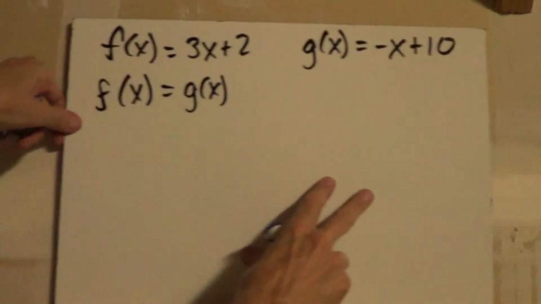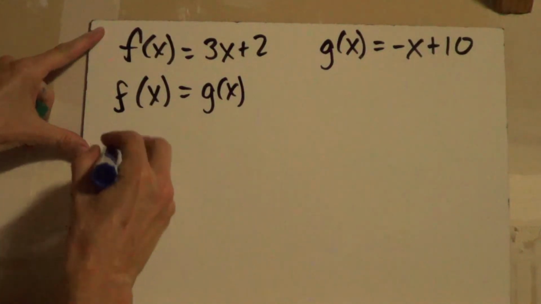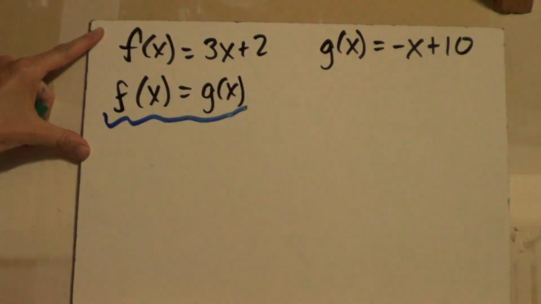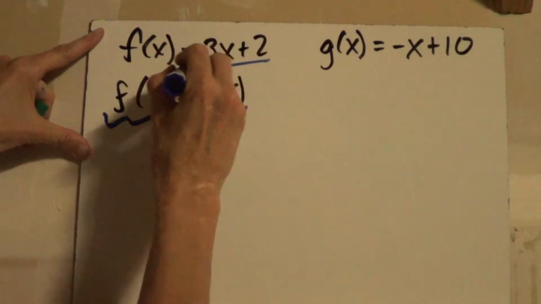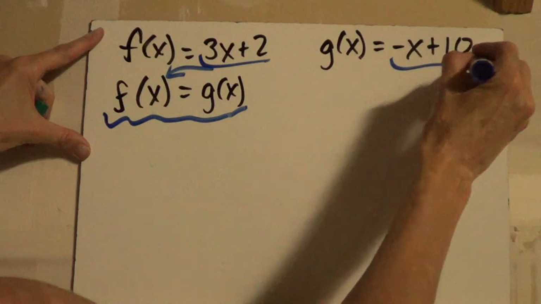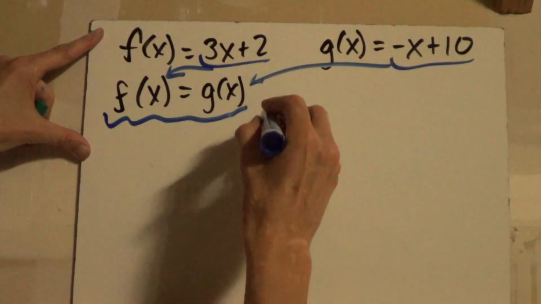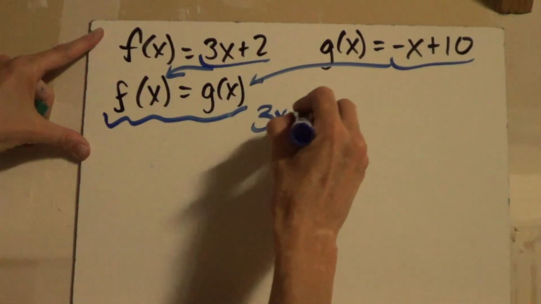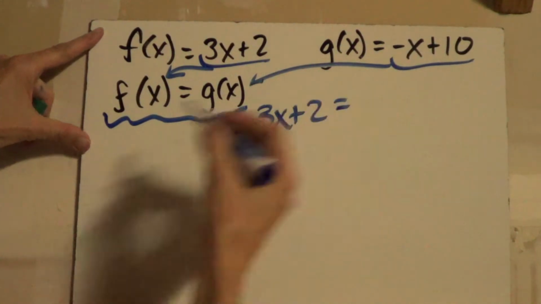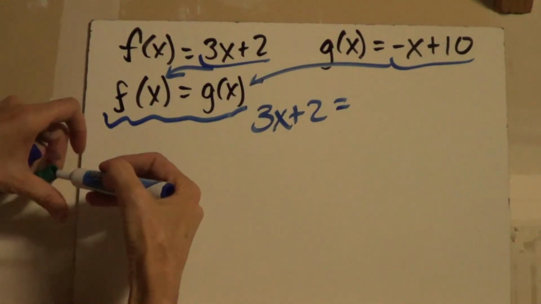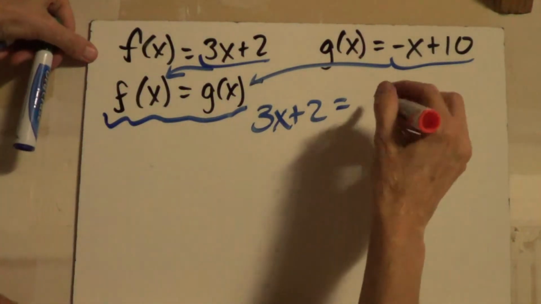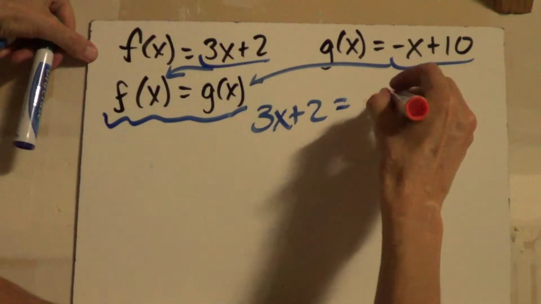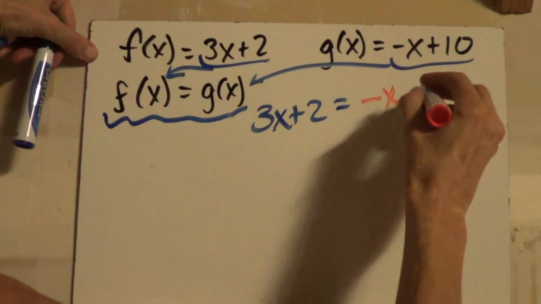They're going to give you equations like this and say, are g of x and f of x equal? Well, if f of x equals this, and g of x equals this, all they're asking is, is 3x plus 2 equal to, well, let me get multicolored here, negative x plus 10?